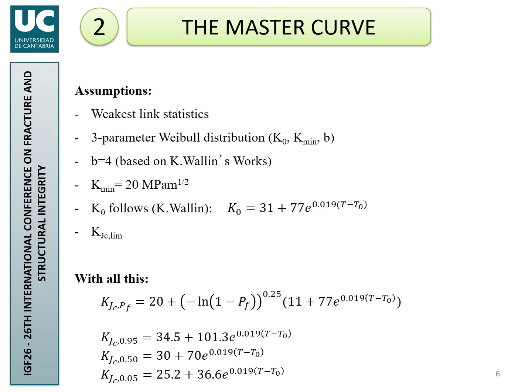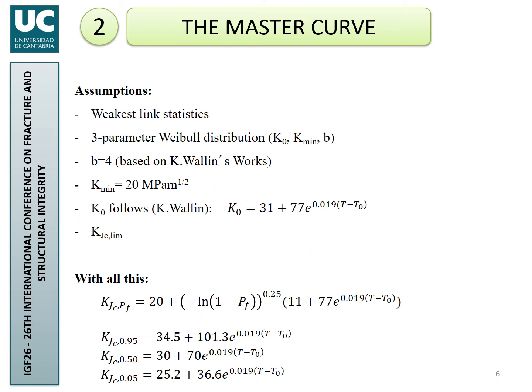The assumptions made by the master curve are therefore that the process follows weakest link statistics and that it may be modeled with a Weibull distribution with these three parameters. But additionally, b is 4 as demonstrated by Wallin based on experimental results.